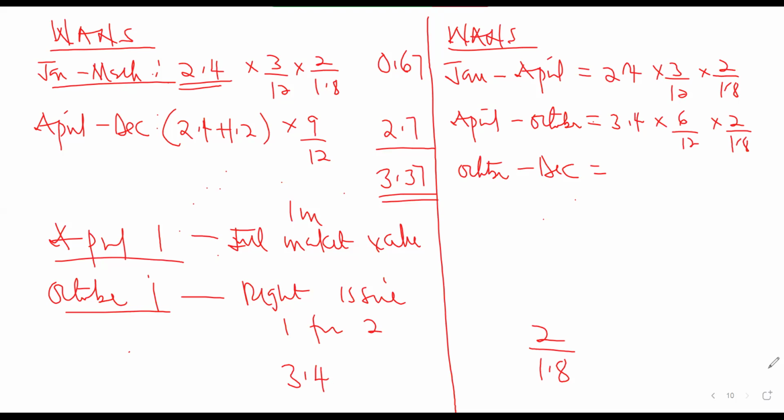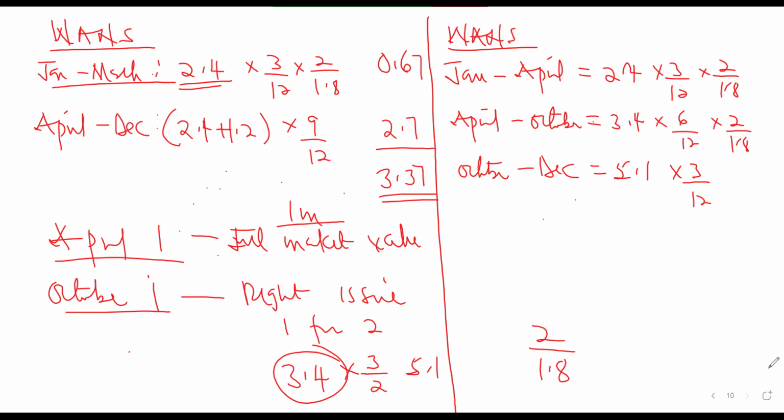The right issue was done in October. So we have 2.4 plus the 1 million. That will give us 3.4. So the right issue will be done on the 3.4, which will be multiplied by 3 over 2. So we are getting 5.1. So this 5.1 will now be for the 3 months.